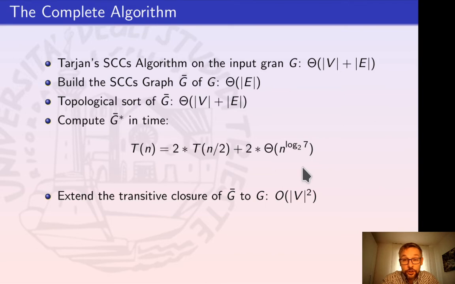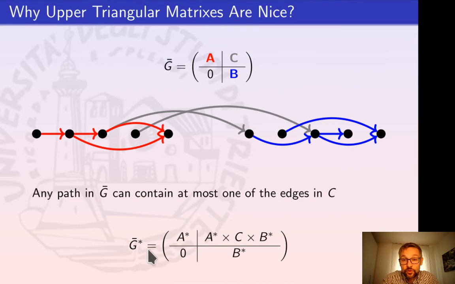This is the equation. Why? Let's try to figure out why the equation is this one. Well, to compute G star, we need to compute the star of A, so the infinite product of A, and the infinite product of B. So we have two recursive calls dealing with half of the original nodes.